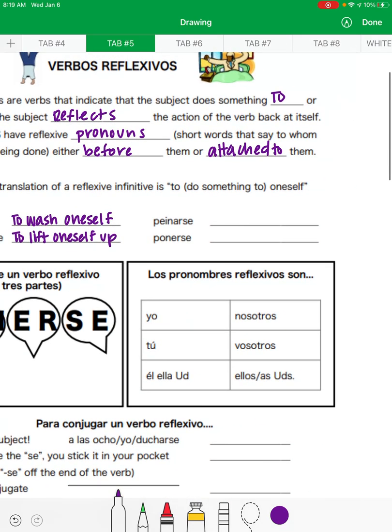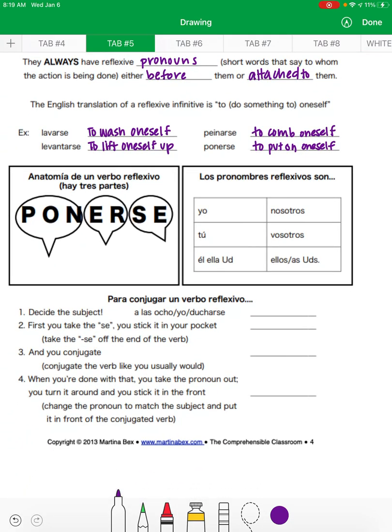Peinarse is to comb oneself, like you comb your hair. Okay, and ponerse is to put on oneself. Okay, like for example, the girl was putting the lipstick on herself.